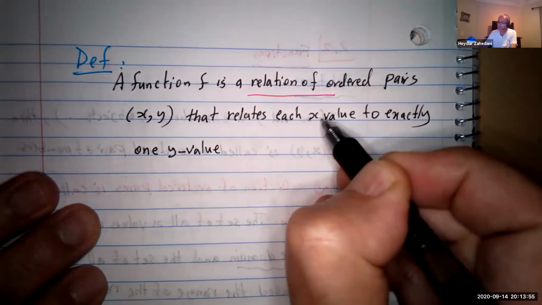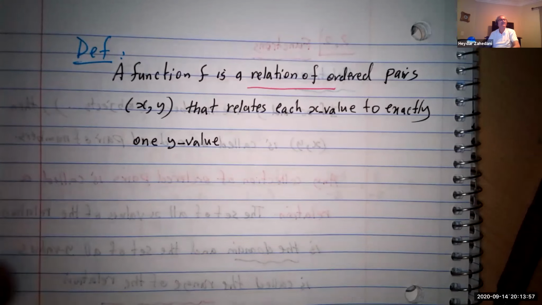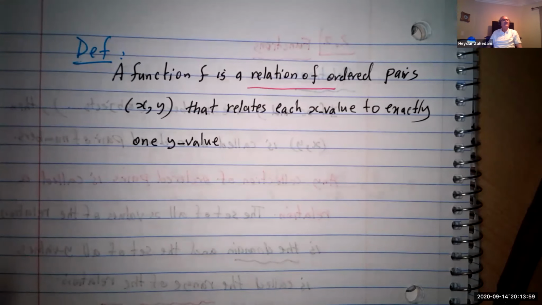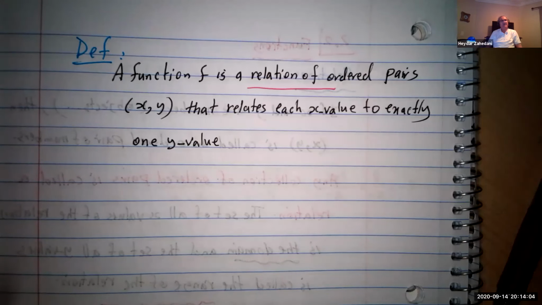So a function f is a relation of ordered pairs x comma y that relates each x value to exactly one y value. There is not going to be any repetition in this case.